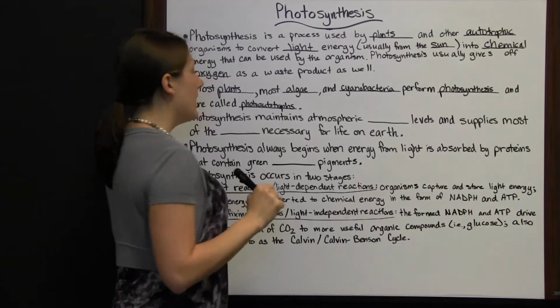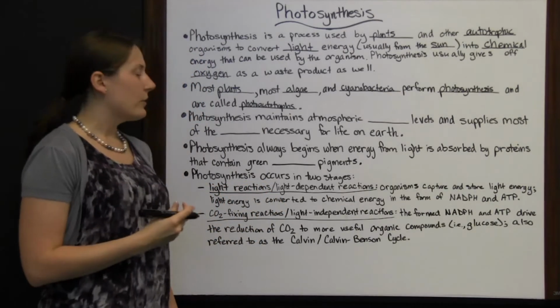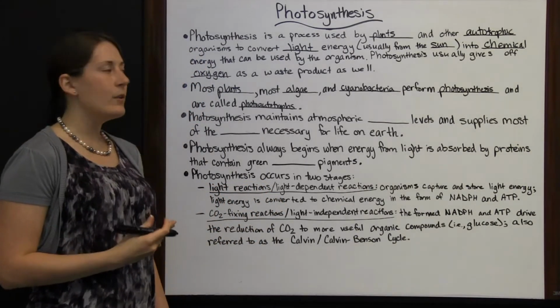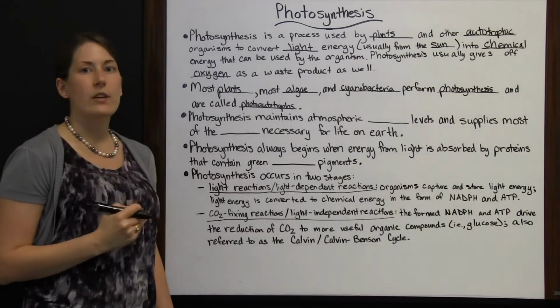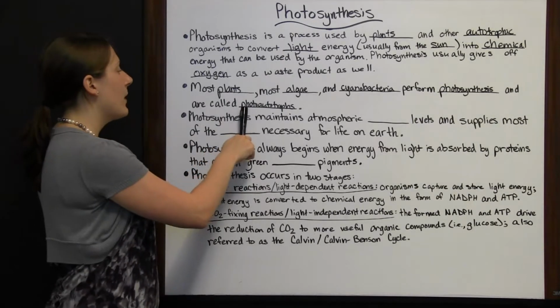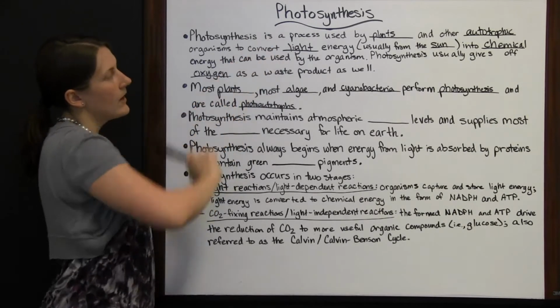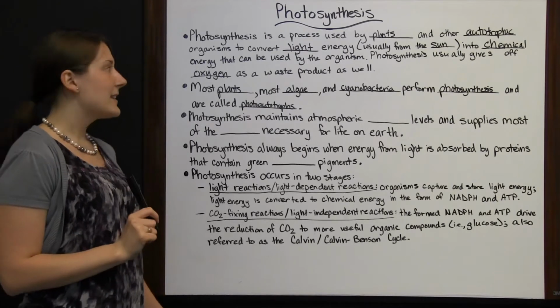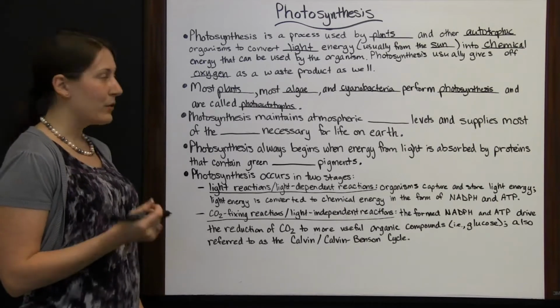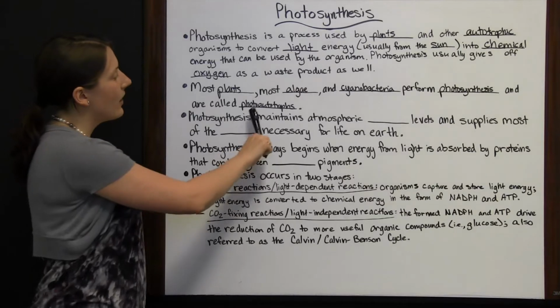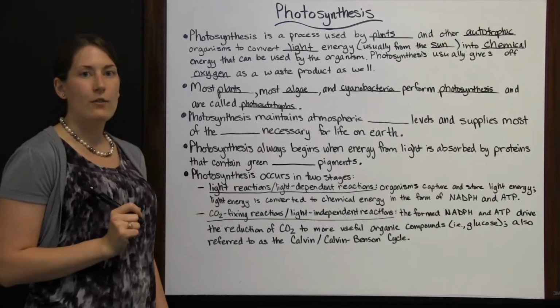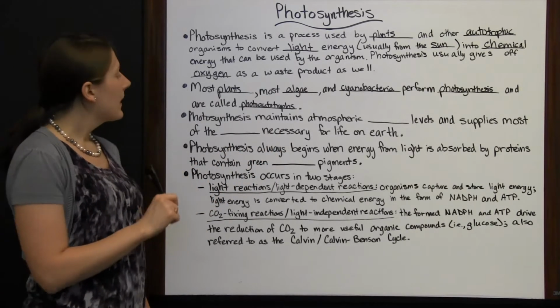So, autotrophs are organisms that can create their own food. Photoautotrophs are organisms that create their own food from light, since photo translates to light, looking at the Latin root for that word. These are organisms that can create their own nourishment from light.